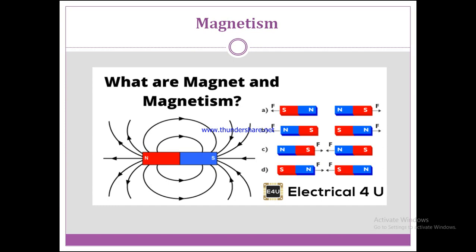Now, as we know, the magnetic properties involve two types of forces: an attraction type of force and a repulsion type of force.